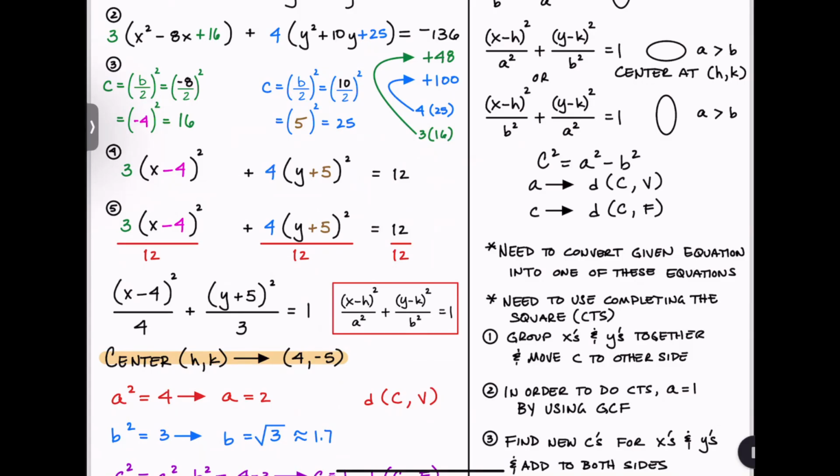How do I know that you just wrote down the answer? Because the answer is already given to you. But if I was to give you the center, the focus, and give you A and B, or A squared and B squared, would you be able to tell me the points right off the bat? No.